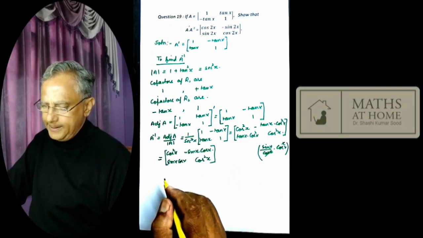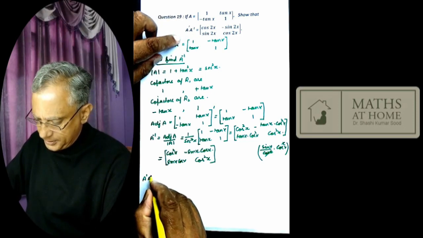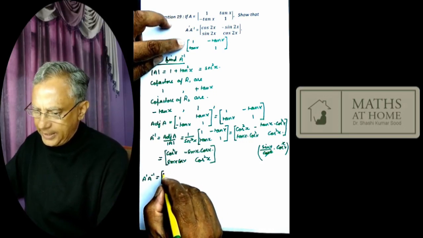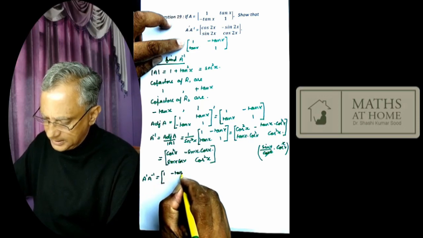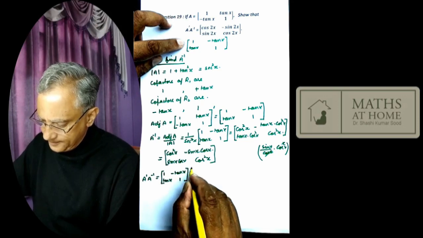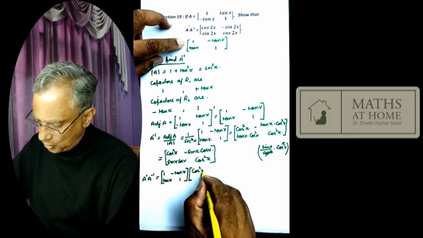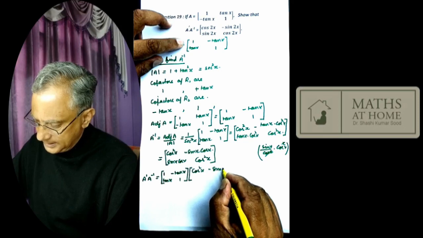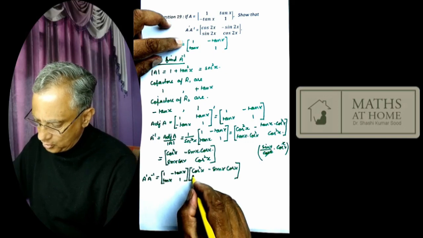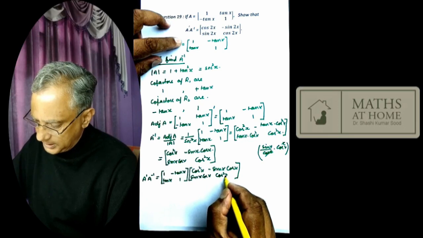Now we have to find A dash into A inverse. Therefore A dash into A inverse is equal to, how much is A dash? A dash is 1 minus tangent x into 1 into A inverse. A inverse is cos square x sin x cos x into sin x cos x into cos square x.